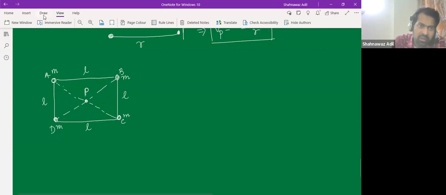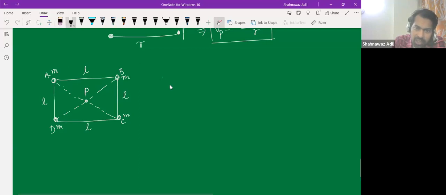So if I want to calculate the potential at P, how many contributions would be there? How many?